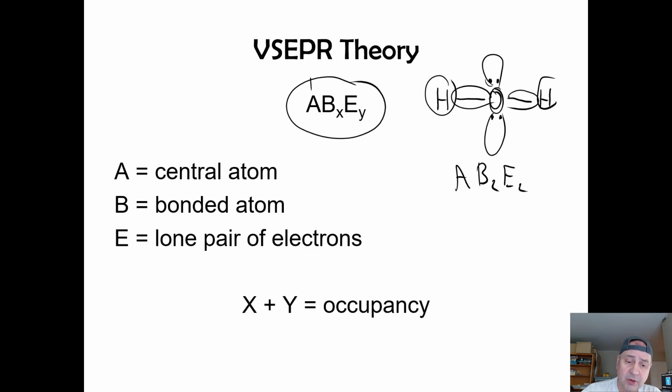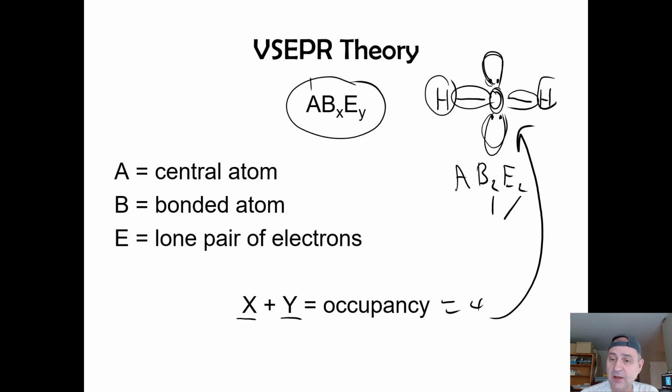And also important here is that X plus Y gives you the occupancy, and that gives you the electronic geometry, right? So here we have 4 different regions. They're going to push us far away from each other to make this tetrahedral shape, right? So electronically, anything that has occupancy 4, as is the case here, that's X and Y together, has an electronic shape of a tetrahedron.